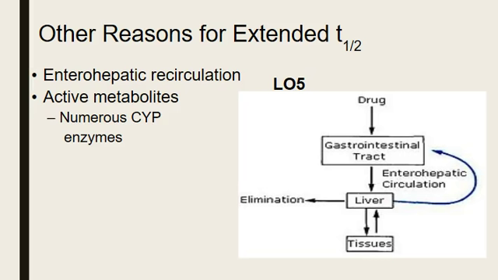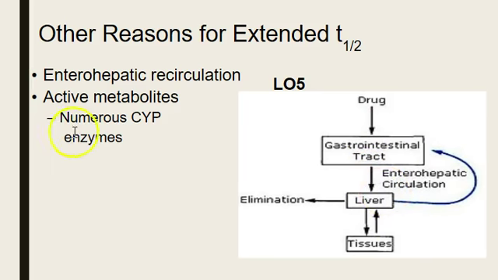The other reason for these possibly extended half-lives includes enterohepatic recirculation. And so remember that as the drug gets biotransformed or metabolized, of course, this is an orally administered drug, it gets absorbed to the bloodstream, goes to the GI system, ends up in the liver, and basically a large portion of that drug gets recirculated through the portal circulation and goes into the liver system.